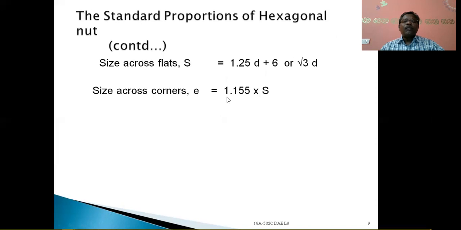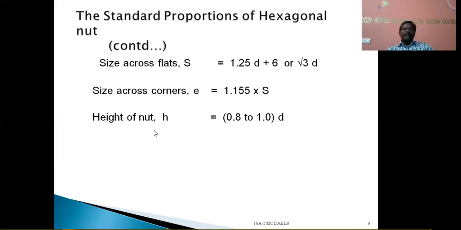So this will be 1.155 into size across flats, 1.155 into the S value. That means you should know the calculation for size across flats. With that you can have 1.155 S, right? So this is size across corners.